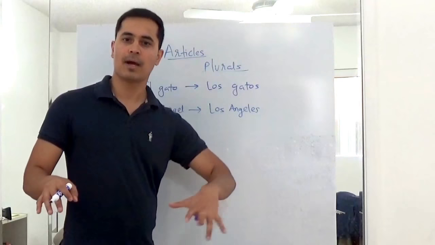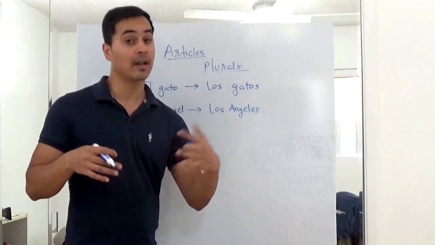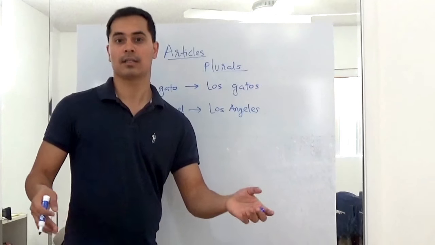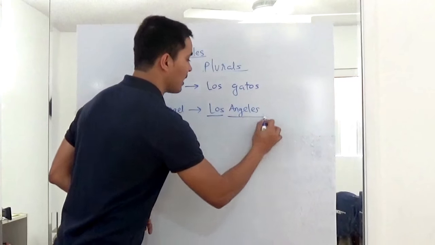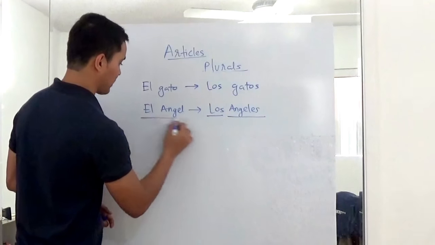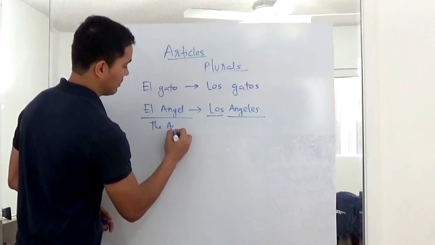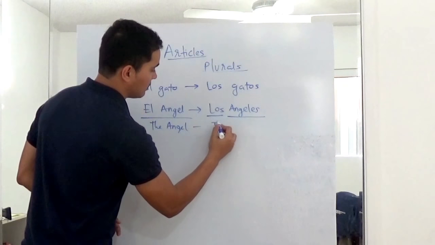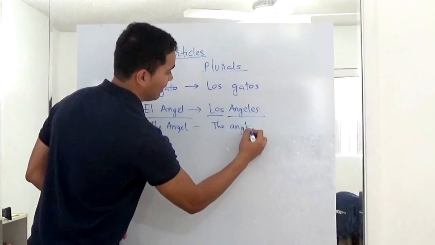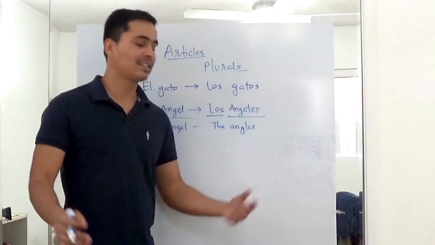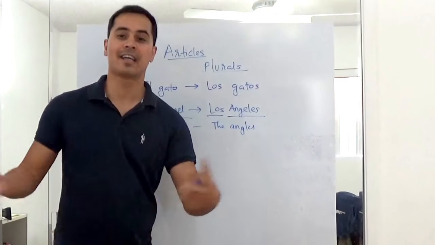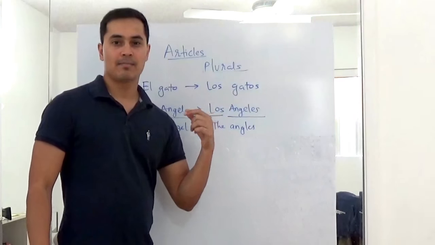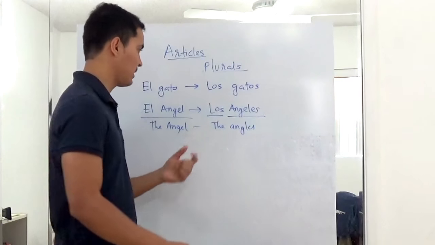But then when I learned Spanish, I paid attention and I realized, oh, it's not Los Angeles, it's Los Ángeles, which means the angels. El ángel means the angel. So yeah, it's a city of angels. Los Ángeles.